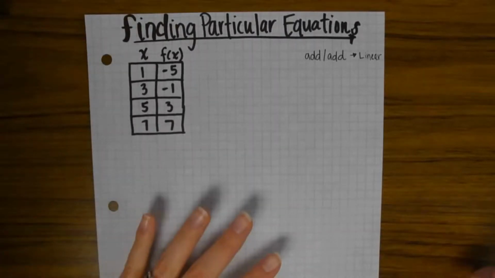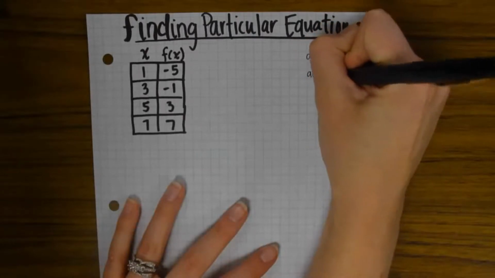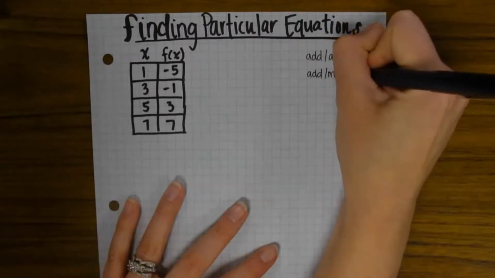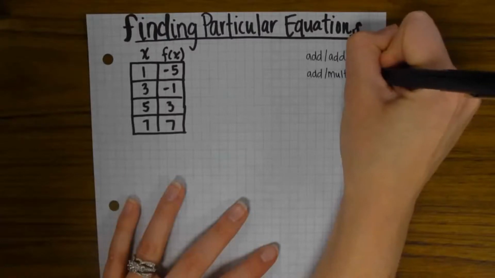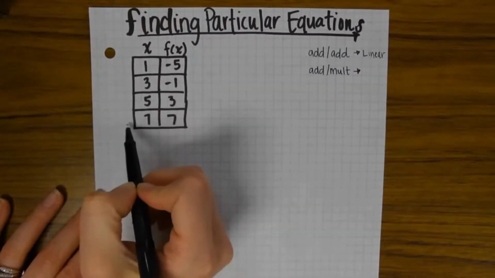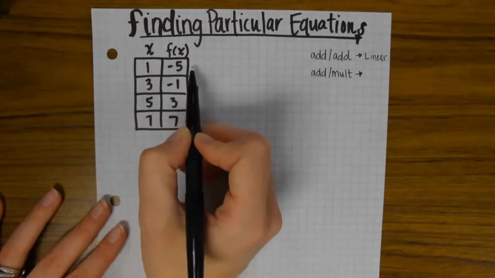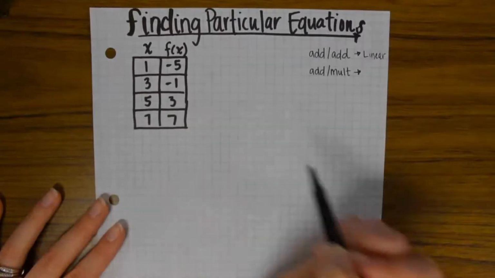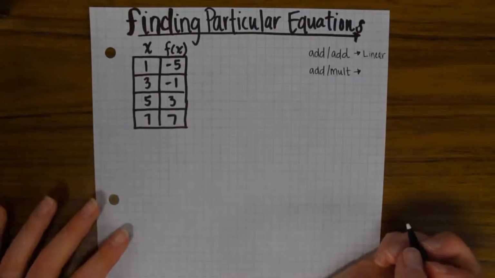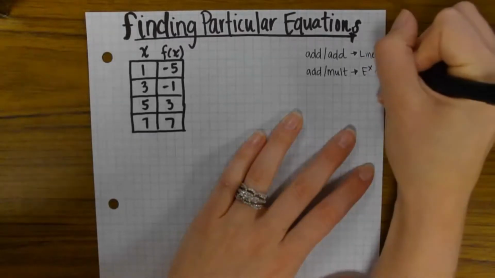The next type of pattern that we might see would be add multiply. An add multiply pattern would be that as you add on this side by a constant rate, you multiply on this side by a constant ratio. If that's the case, then we'd be looking at an exponential equation.